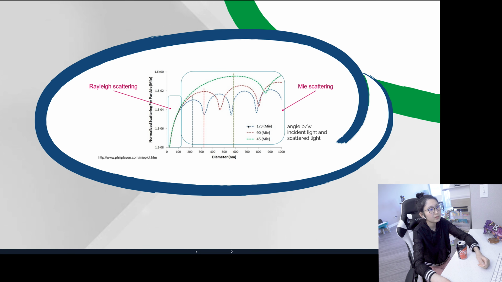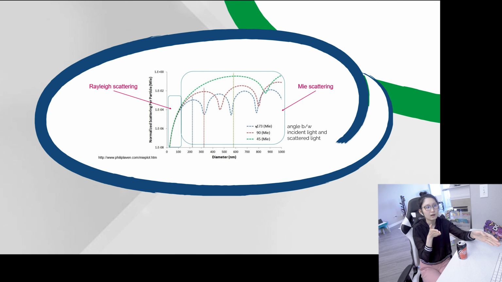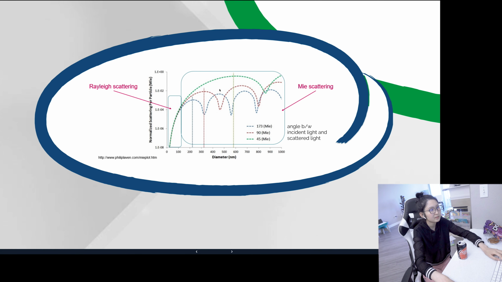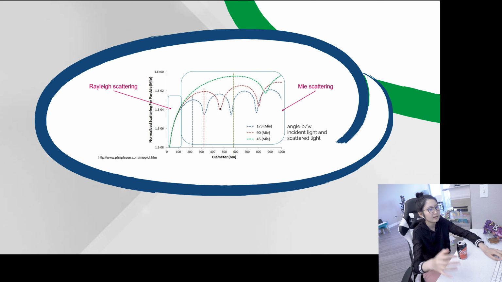For example, this blue line here is 173, meaning this is the incident light, and then we are getting the scattered light at this direction, pretty much like backward. Also like 90 degrees like this, 45 like that. So the highest point, meaning this diameter at this angle has the highest sensitivity, I would say. At least that's my understanding of it.